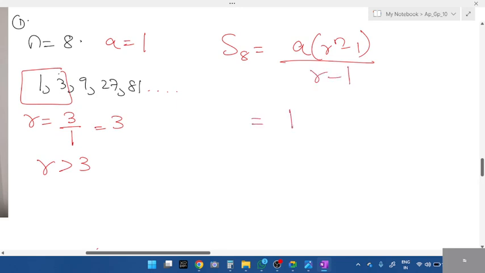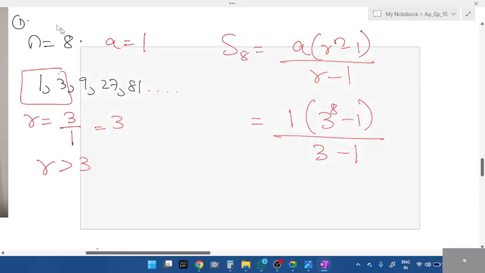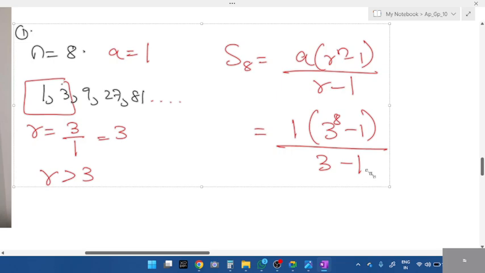A value is 1, R to the n. R is 3, n value is 8, minus 1, divided by R is 3 minus 1. Is this clear? All of you have understood what I have written? Through this, most of the GP questions, this is the concept, students. They ask very few questions in GP.